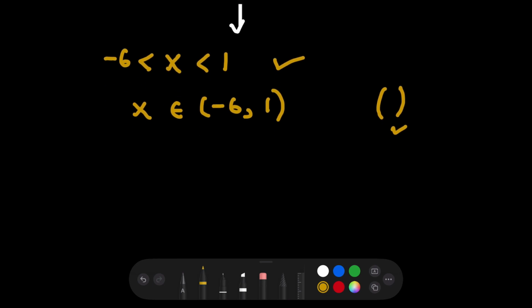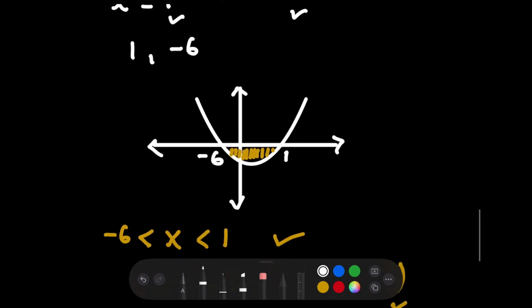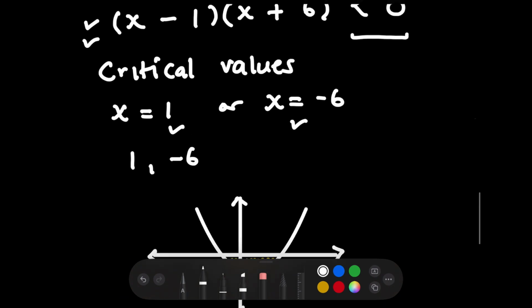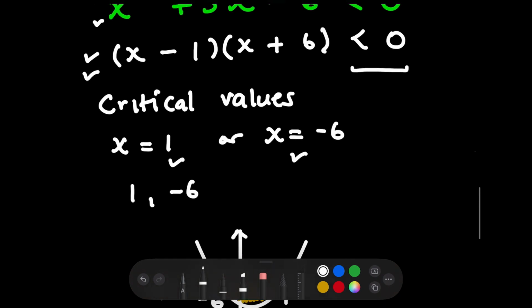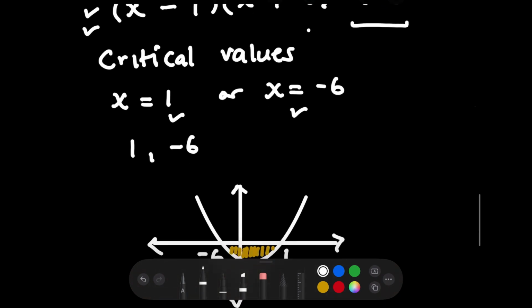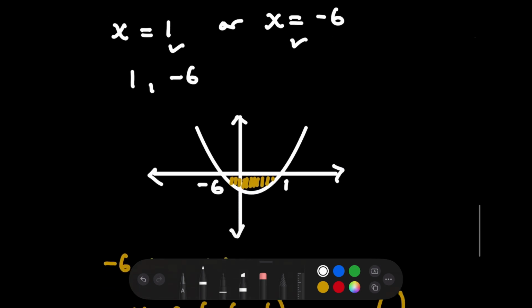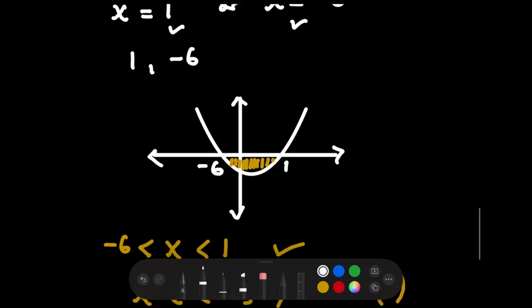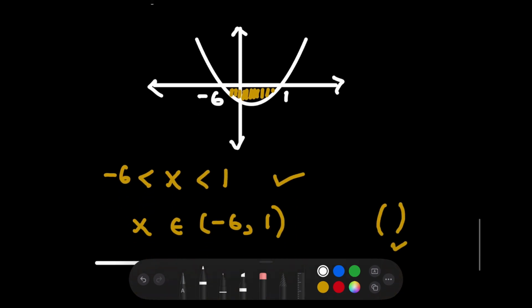Secondly, I want to show you how you can solve this using the table method. I've shown you the graphical method, where after this step you should have an idea of how your function looks. This is a parabola, and the part you are looking for is the shaded region below.